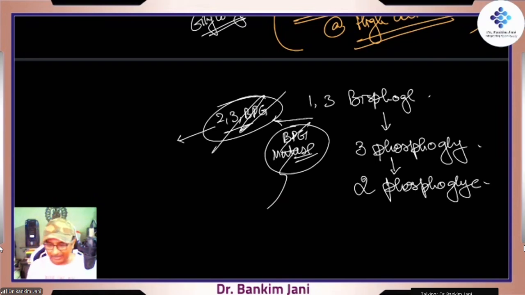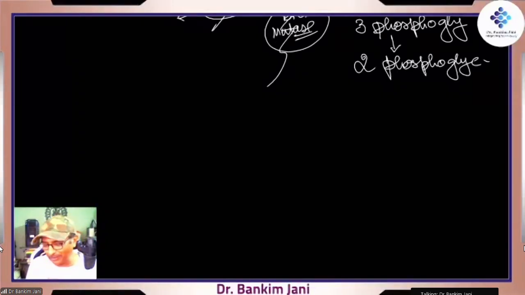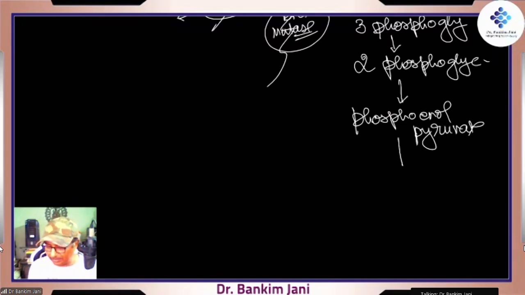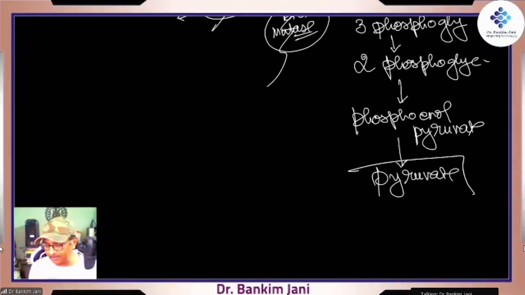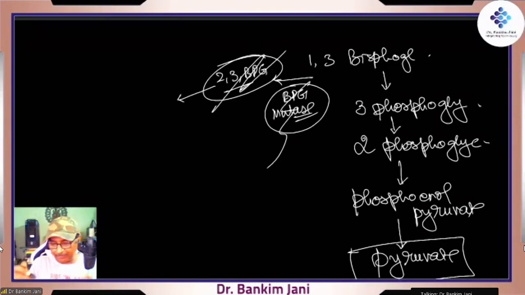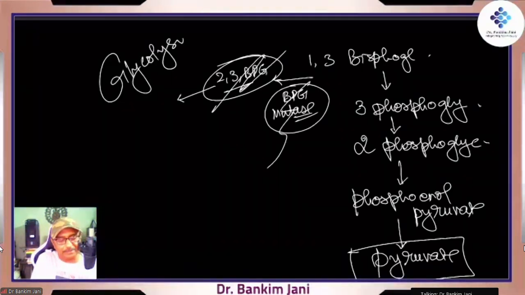In fact, we have done this glycolysis process almost entirely. 2-phosphoglycerate will be converted into phosphoenolpyruvate, and then the last stage is pyruvate, or pyruvic acid, and this is what gives energy. So this is like a deviation from glycolysis, though this is a part of biochemistry.